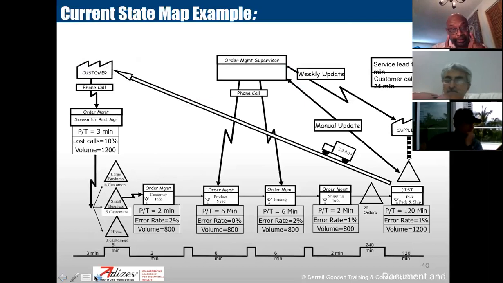Now, here's the main takeaway from this current state map, you guys. The reason you do a current state map, you want everyone in the room to understand we have a mess here. And so you want a current state map to be as busy as all get out, because you want that team to go, oh my God, is this what we're doing? You want that in the room.